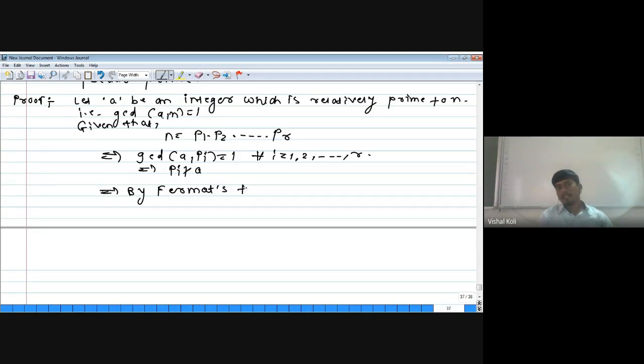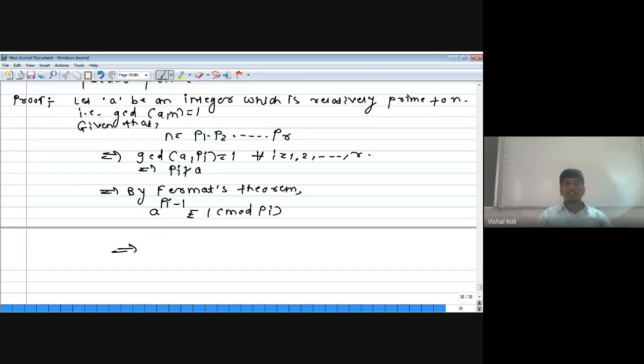By Fermat's theorem, a to the power pi minus 1 is congruent to 1 modulo pi.